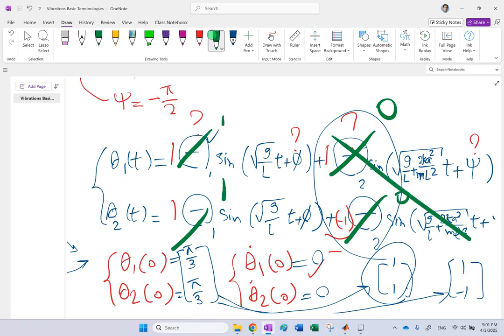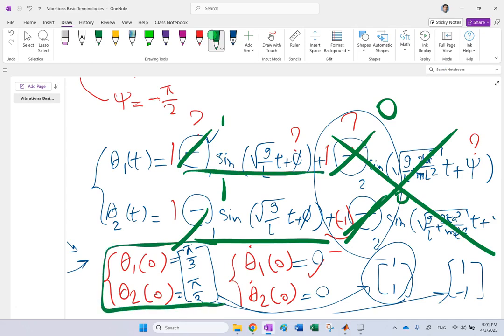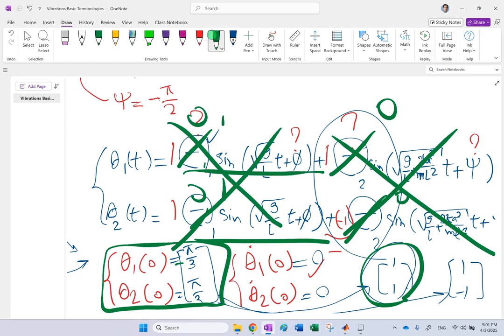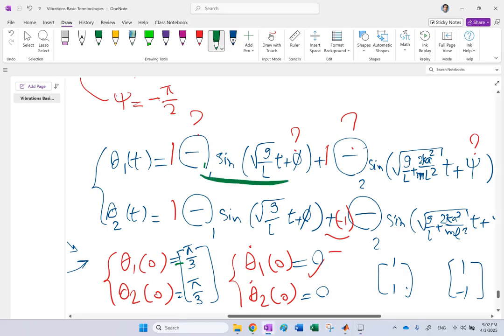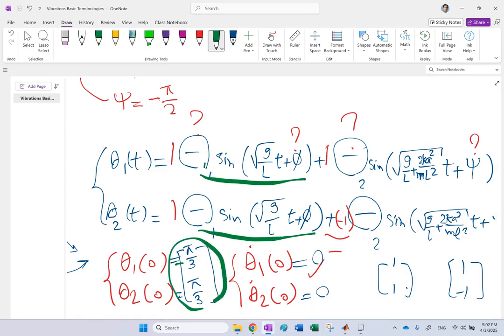In that case, the second frequency will be eliminated. The only frequency I will see in the system will be the first frequency because I started the system exactly like the first mode shape. Similarly, if I put a negative here and I start it, theta 1 will be 0, theta 2 will not be 0. I would eliminate the first frequency. So I can pick which frequencies to activate and which frequencies to keep silent just by picking proper initial conditions.